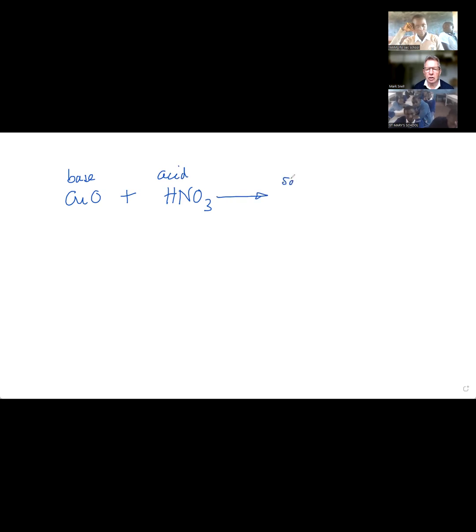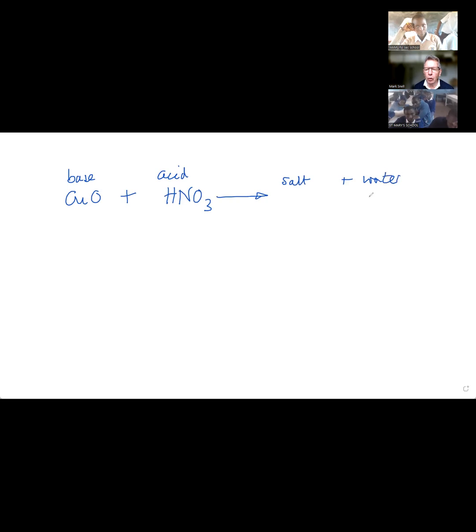So here we go. The first one was CuO plus nitric acid, HNO3. Now this is a base, and a base and an acid always makes a salt and water.